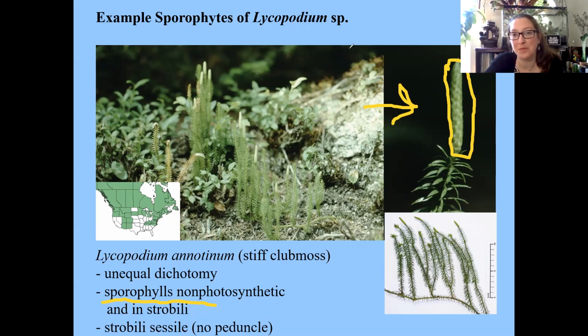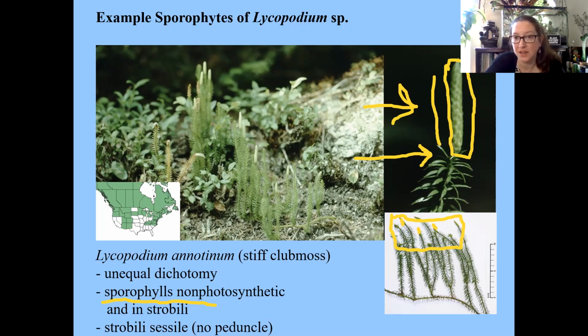So it's understandable. Yeah, so that's up here, one Strobilus. Down here, look at all of these strobili. That's the plural. Here's one here, here's one here, here's one here. All these strobili. And in the case of this Lycopodium anotinum, there is no peduncle. Look, this Strobilus here is not elevated on any stalk.